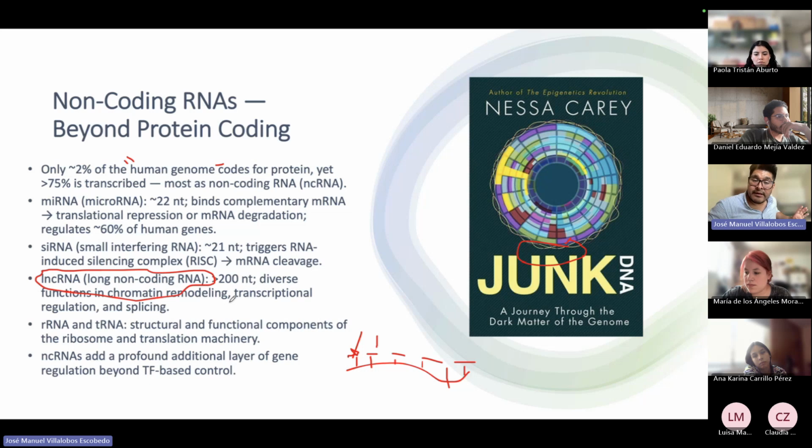We know now that, for example, during embryonic development, the long non-coding RNAs are super important. They work in remodeling chromatin, transcriptional regulation, and splicing. Other kinds of regulated RNAs are the ribosomal RNAs and tRNAs, which are also important for regulation.